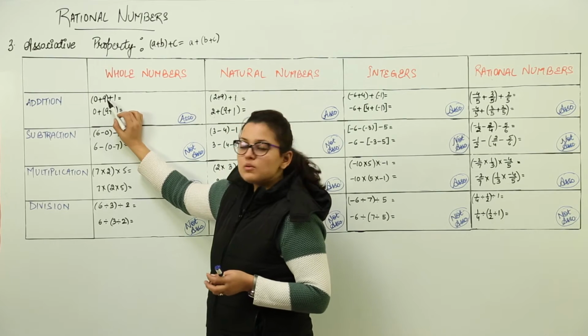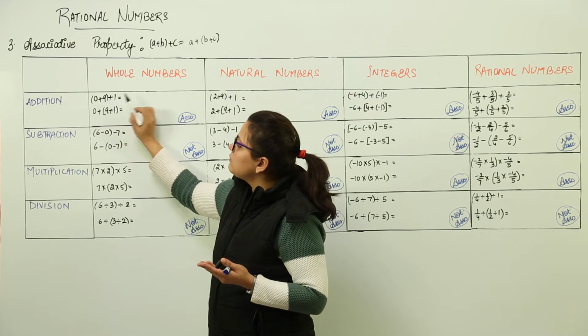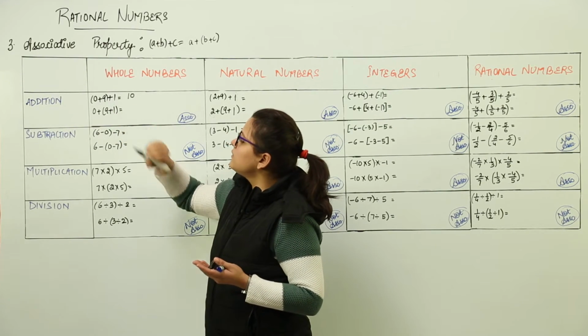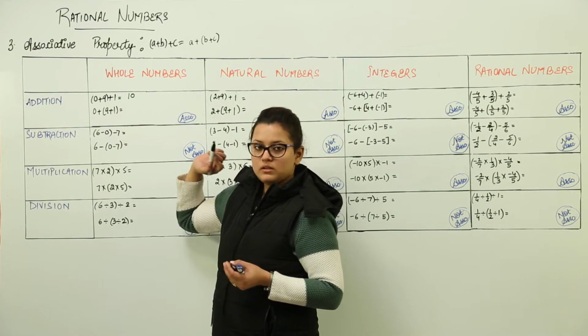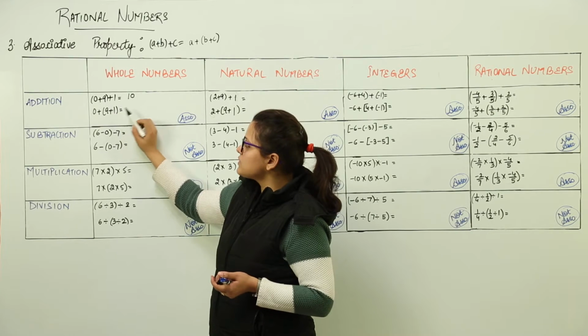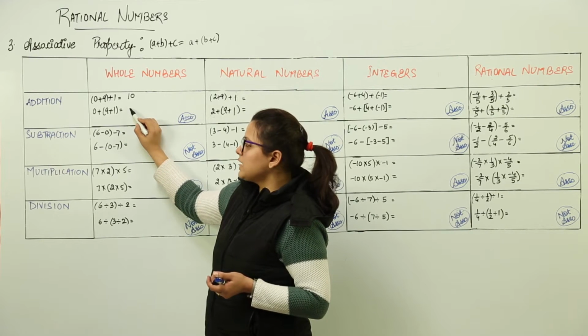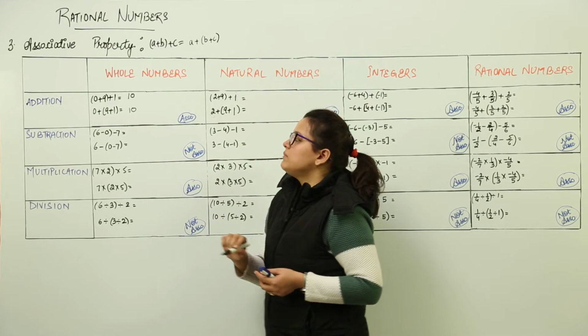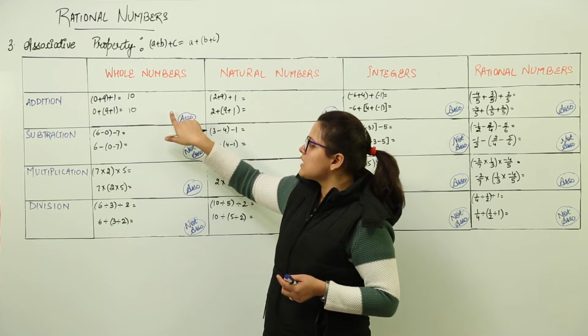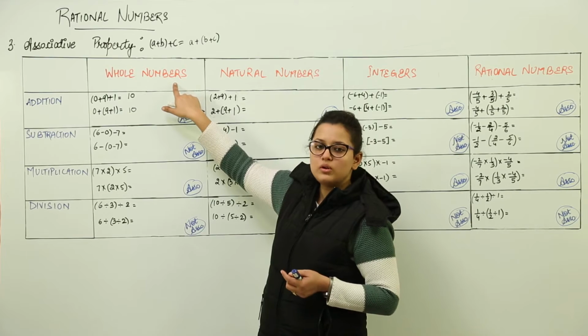Okay, what is 0 plus 9? It's 9, and 9 plus 1 would give you 10. If you do 0 plus 9 plus 1, that means you have to add 9 plus 1 first. That would give you 10. And what is 10 plus 0? 10 only. That means my addition property is associative for whole numbers.